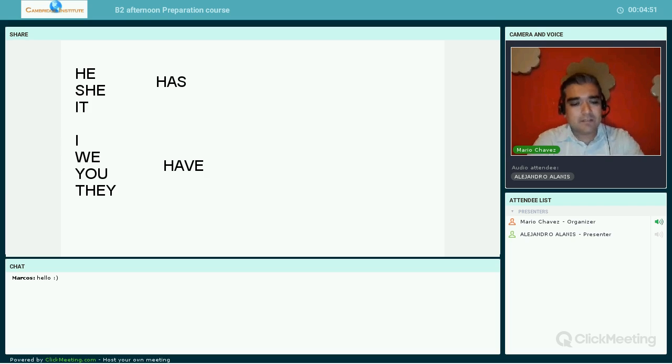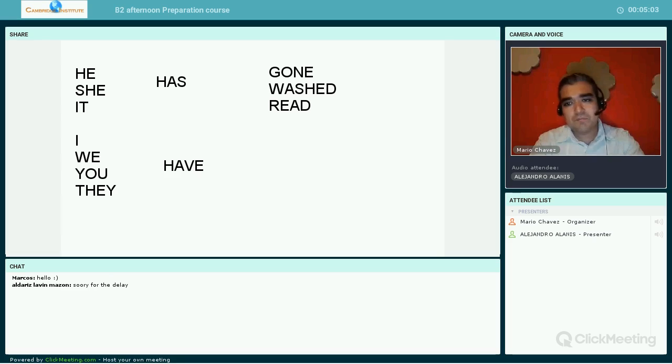For example, the past participle of go is gone. The past participle of wash is washed. Regular, irregular. We keep going with read. Don't worry, we got read, which in past is read, the same way in past participle.